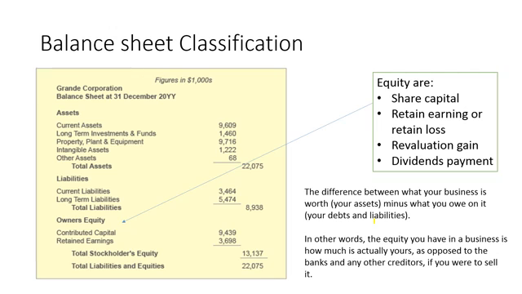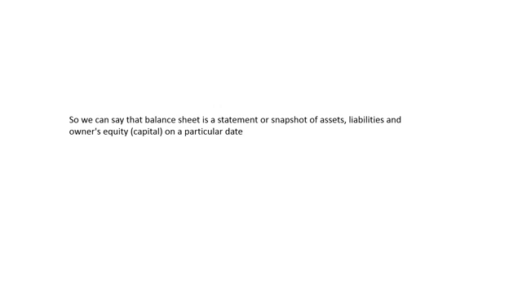That's what equity means. So in other words, equity you have in a business is how much is actually yours as opposed to the banks and any other creditors if you were to sell it. Does that make sense? Good if it does.